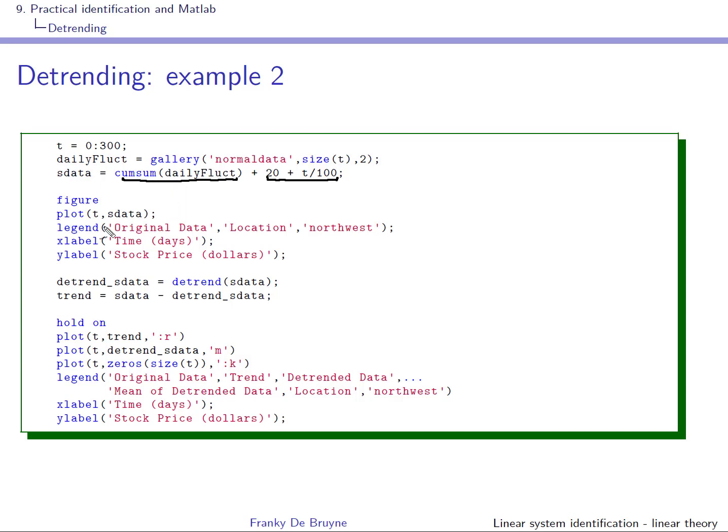Okay, so you'll have a look at this data and you'll clearly see the linear trend. So the command detrend is used to obtain the detrended data, and of course what you can obtain is also the trend. You simply take the original data and you remove the detrended data, and then you can have a look at this in a plot.